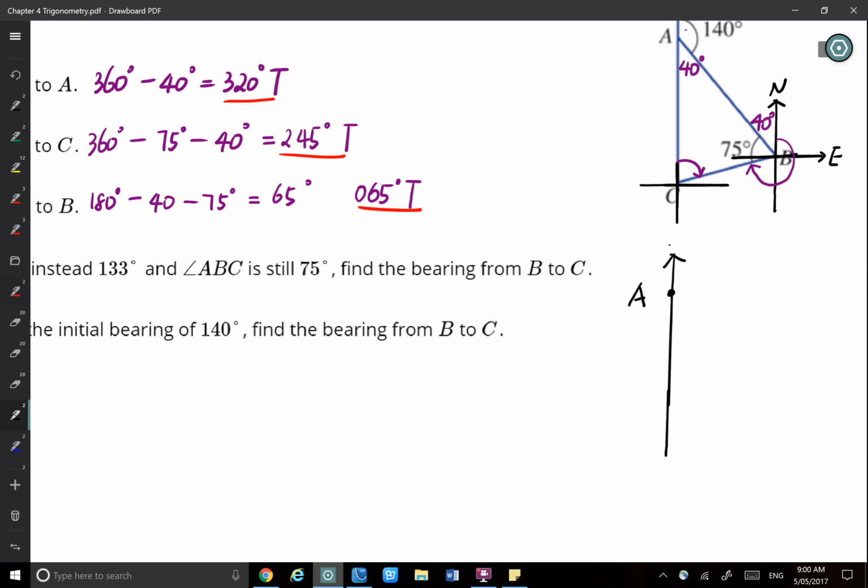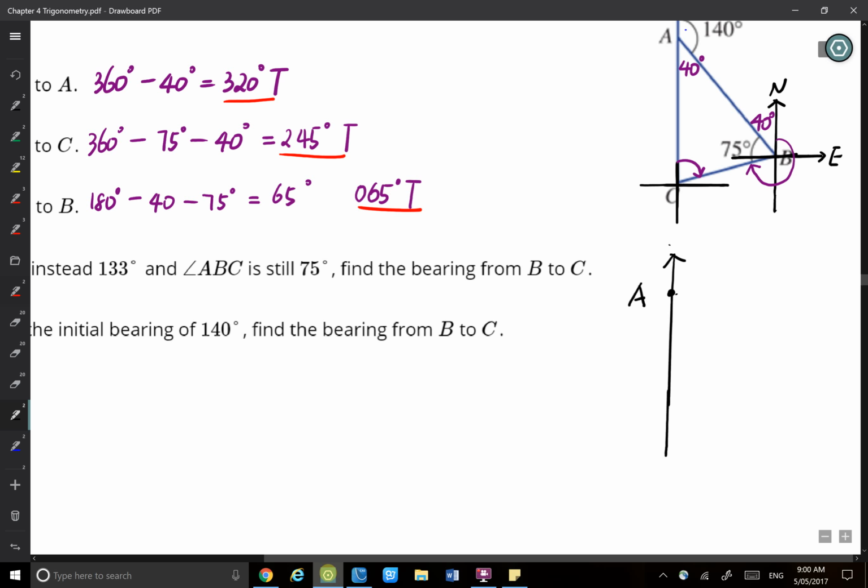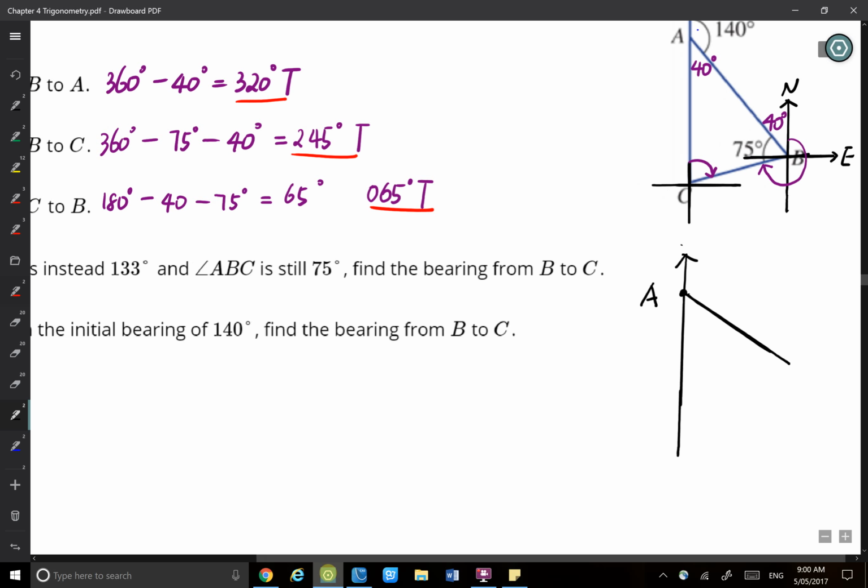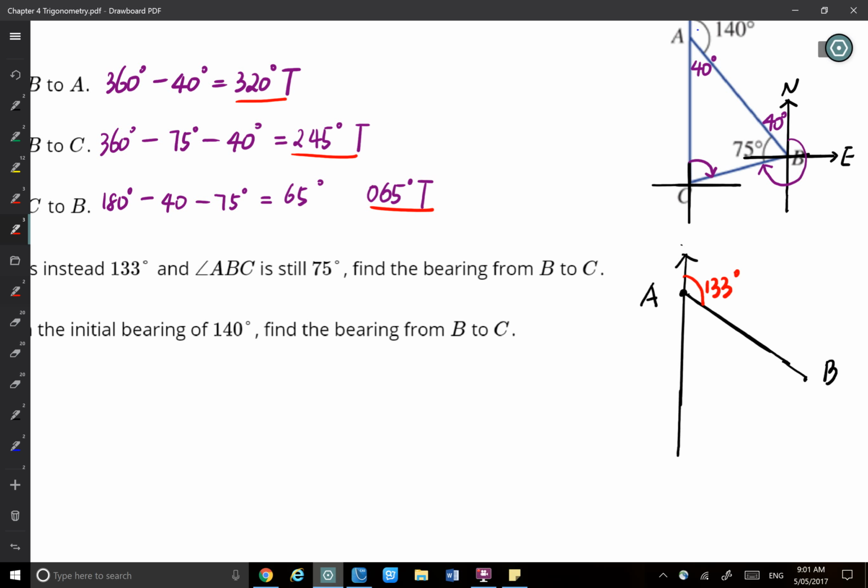Then we'll go a little bit less than 140, so we have a point here to reach the point B. The initial bearing here is 133. Here's the bearing. And then I still make an angle of 75 degrees.